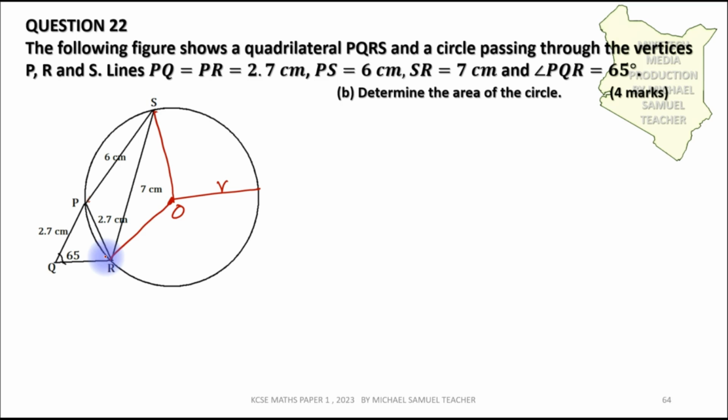So in our case, we can deal with R, so we know the angle R, and this side is opposite it. So remember that side over sine of the angle will be equal to 2R, whereby R is the radius of the circle.